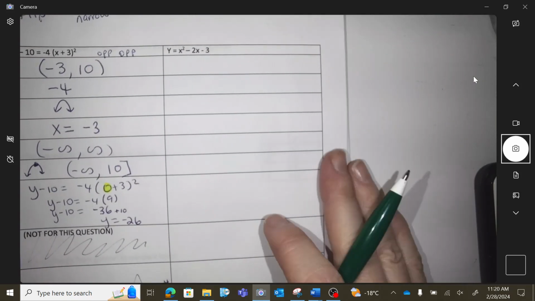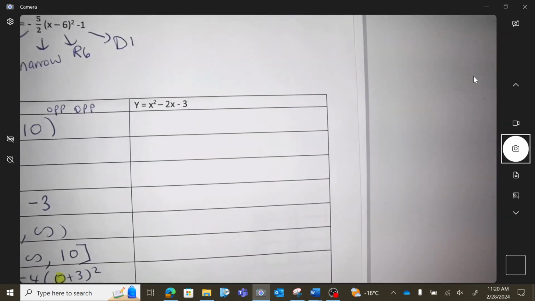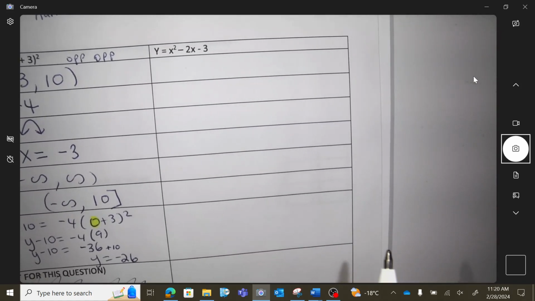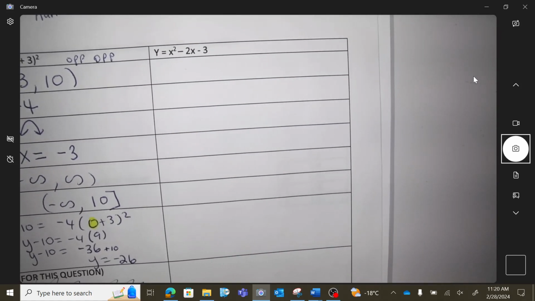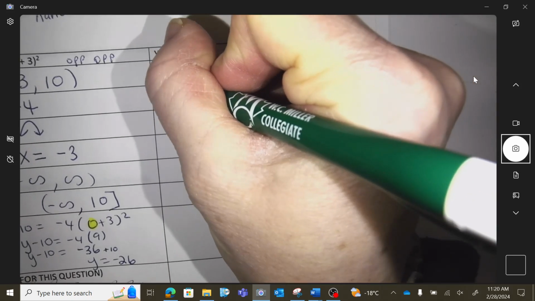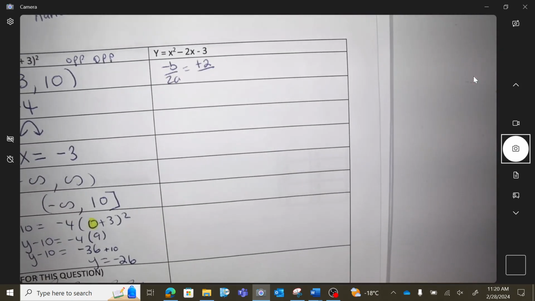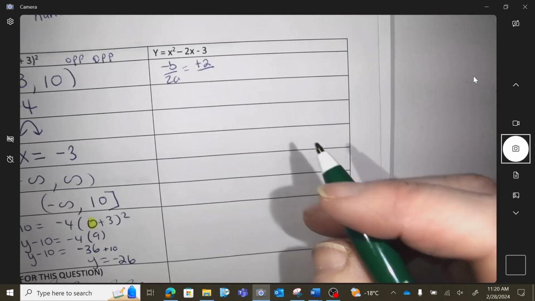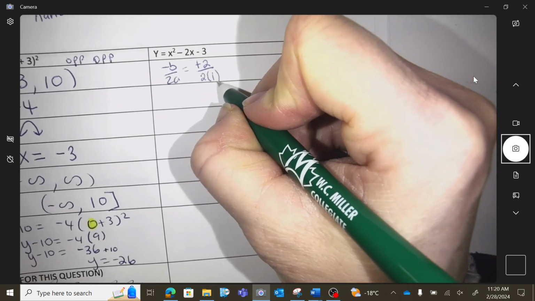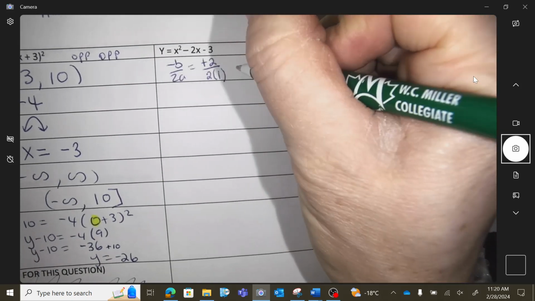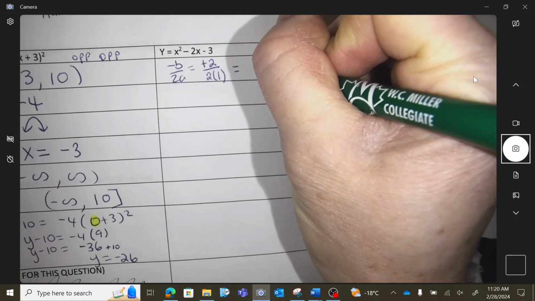Now, this one. So which style of formula does it look like on the board? It would match with the bottom one, general. So what do you do for vertex? -b over 2a. So opposite b would be a +2 over 2 times 1. Equals 1.